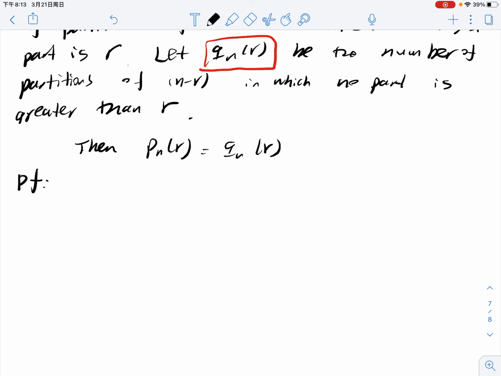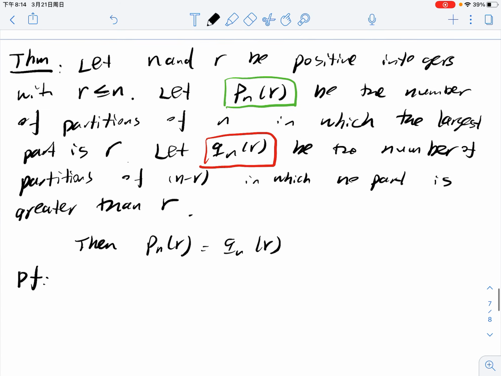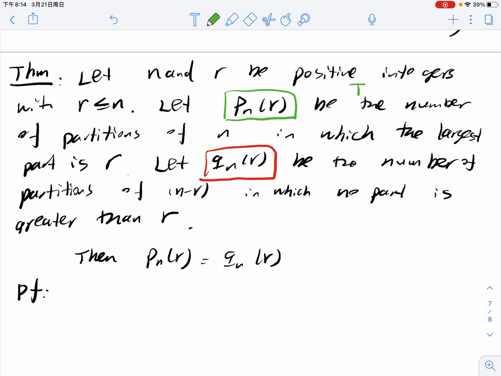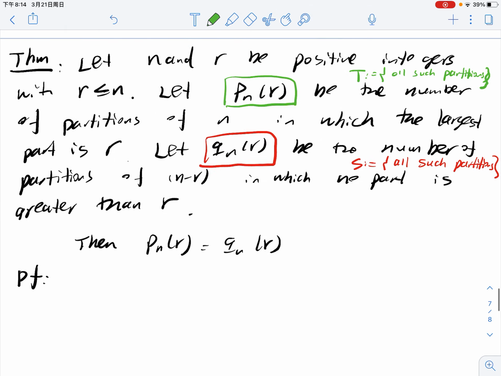So actually the proof is quite easy. Let's denote T to be the set of all such partitions in the first sense, and S to be the set of all such partitions with the second restrictive condition.